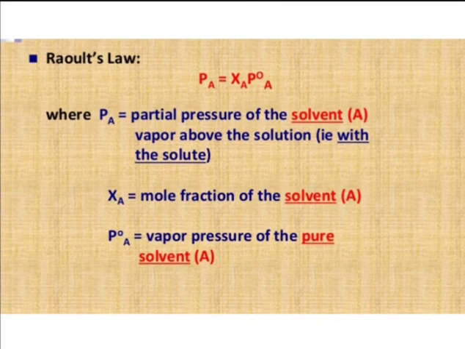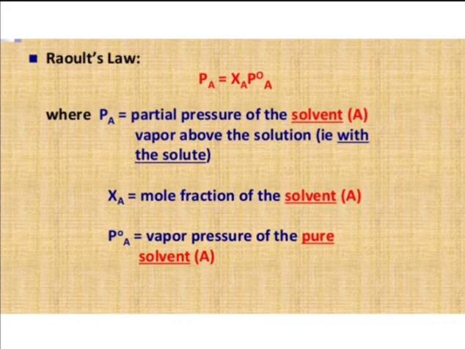So Raoult's law is here, PA is equal to XA into P standard A. So here PA is the partial vapor pressure of the solvent, and we have written here suffix A. This A is for solvent A. Here PA is the partial pressure of the solvent, vapor pressure above the solution, and XA is the mole fraction of the solvent.